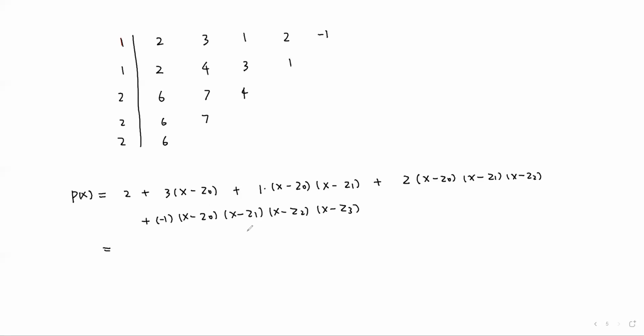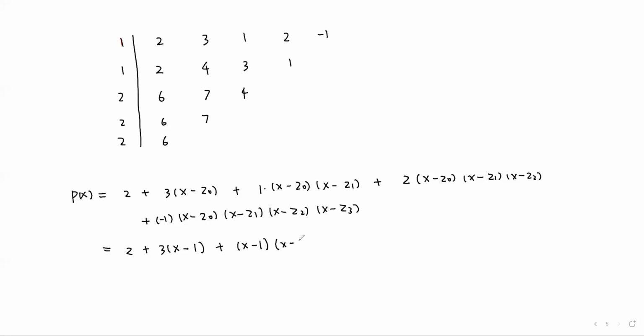Now replace C0, C1 to C3 by their values. It is 2 plus 3 times x, the value for C0 is 1. 1 plus x minus 1.